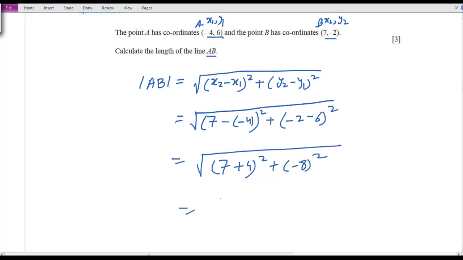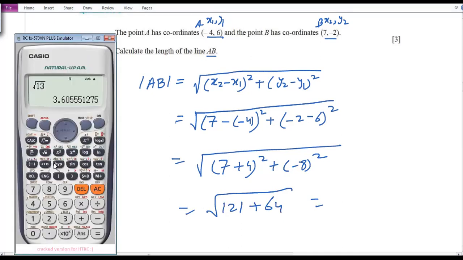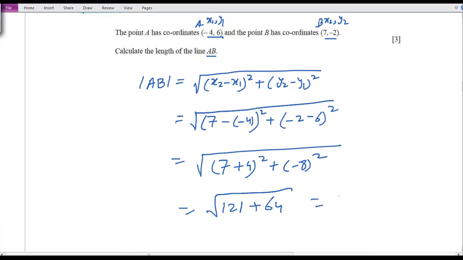So 7 plus 4 is 11. 11 squared is 121 plus 64, square root. So 121 plus 64 is 185, square root, which will be 13.60. That can be rounded to 3 significant figures, 13.6. Okay. So if you have to find the length of the line, then we will use the distance formula. Clear?